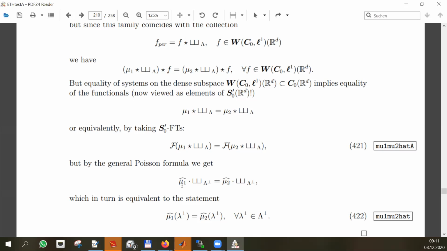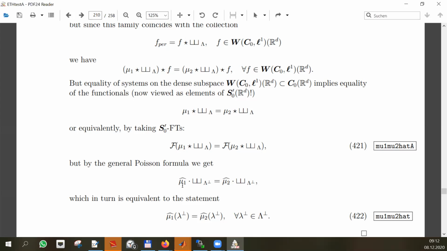So I'm getting mu1 hat, which is a bounded continuous function, the Fourier-Stieltjes transform, times the Dirac comb with some factor, but the same factor appears to the left and to the right, so I can ignore it. And therefore we have this.